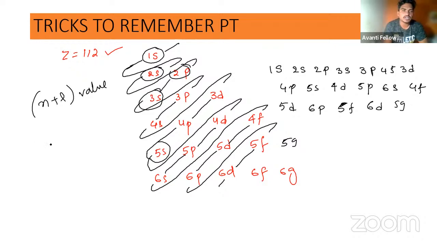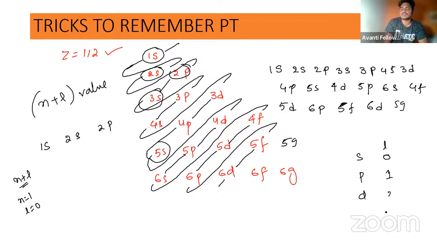Now let me check for 1s and 2s, 2p. What are the n plus l values? For 1s, n is equal to 1 and l is equal to 0. For s, l is equal to 0. For p, l is equal to 1. For d, l is equal to 2. For f, l is equal to 3. So for n is equal to 1, l is equal to 0, this will become 1.